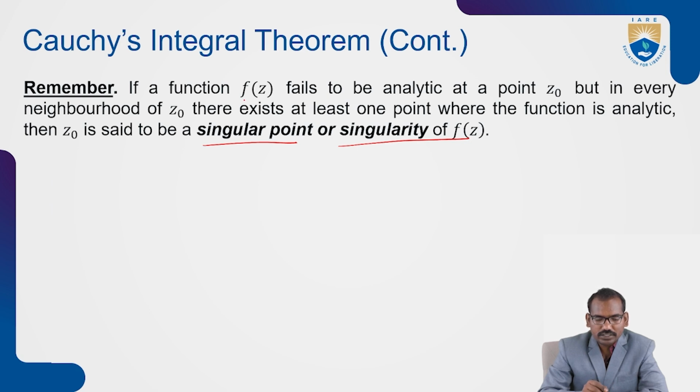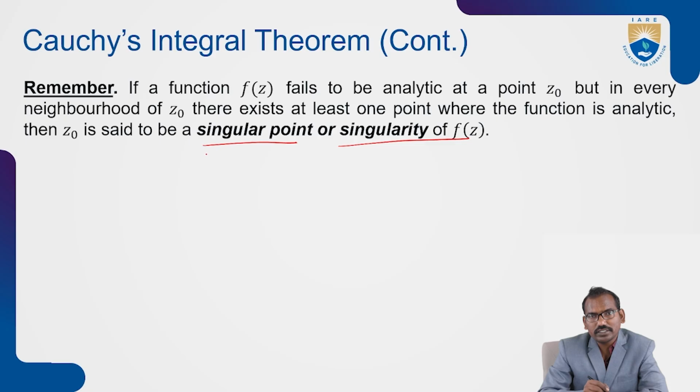A singular point is a point which fails to be analytic, and in every neighborhood of that singular point there should be at least one point where f of z is analytic.